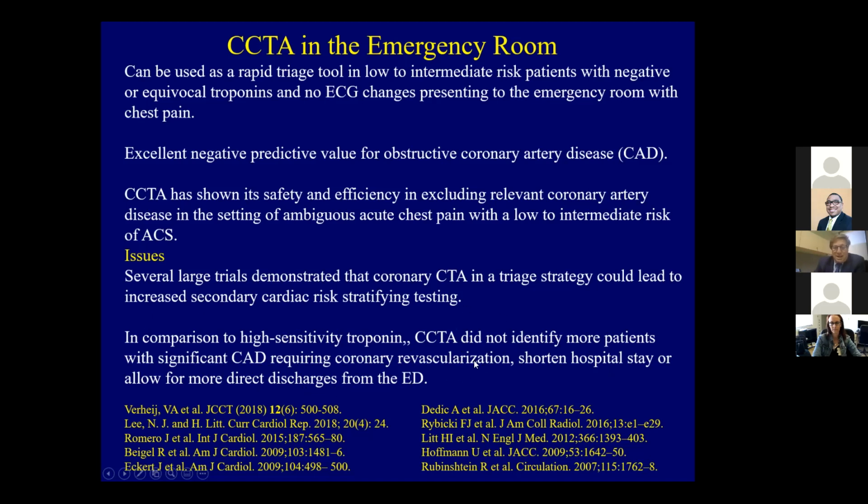So again, this is a rapidly moving target. I think there is a role for it in the emergency room, maybe not as much of a role as we initially thought because of the high sensitivity troponins, but still probably will have a role in a limited patient population.